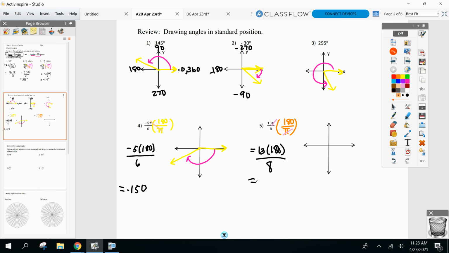Don't be nervous. 292.5. Let's see, 292.5 would put me in quadrant 4, closer to the 270 side, going counterclockwise.